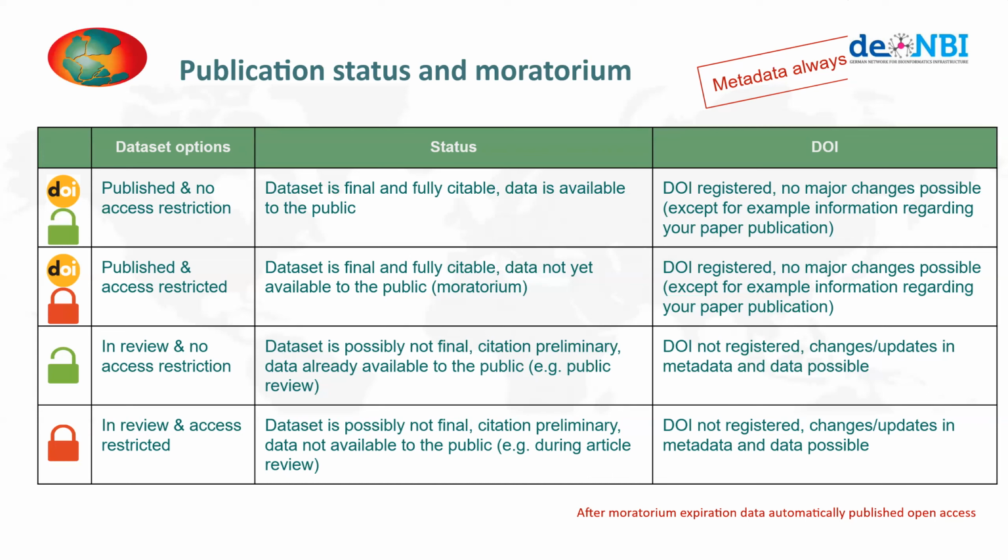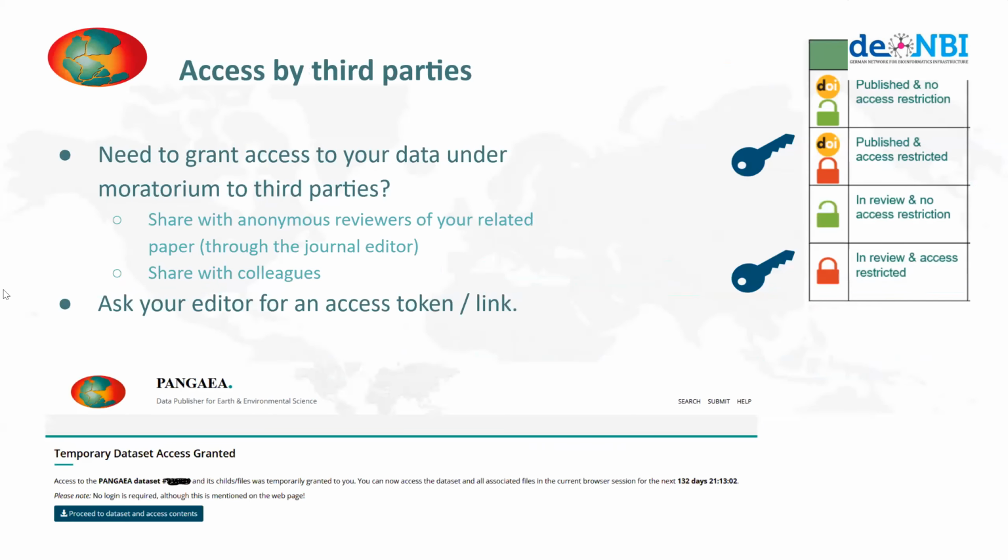So you just need to decide if the dataset should be open access at this stage, or it can also be access restricted. Open access, obviously, for example, for peer review, needs to be public, or it can also be restricted if you wish. It is still possible to provide access to these restricted data sets for third parties.